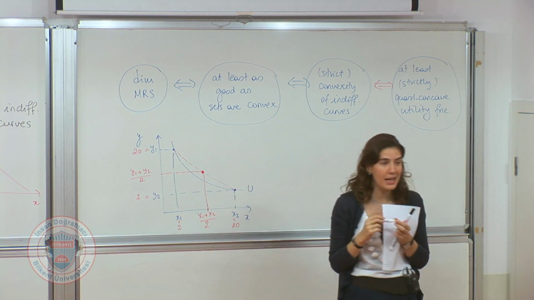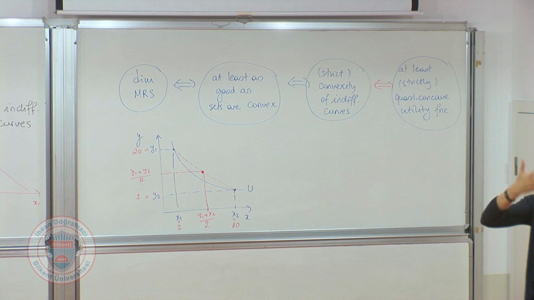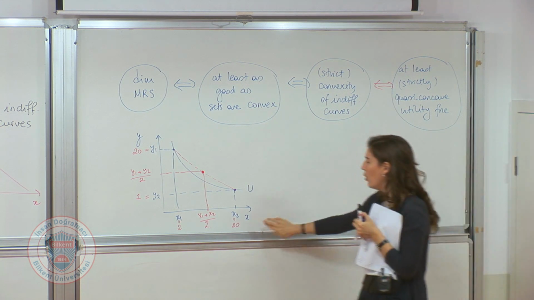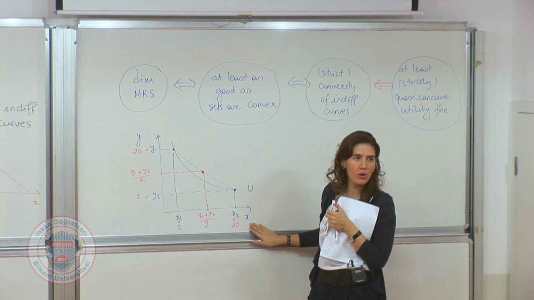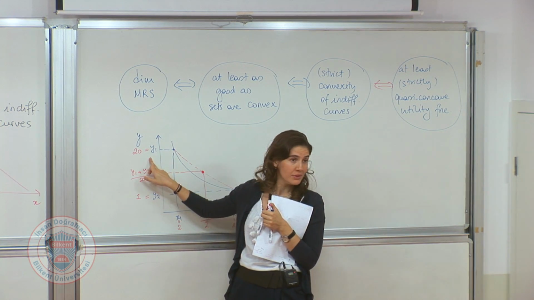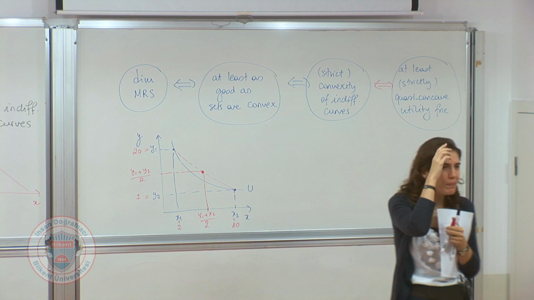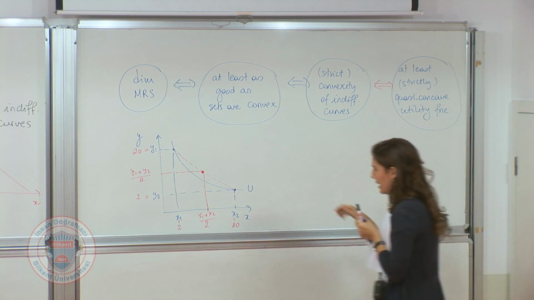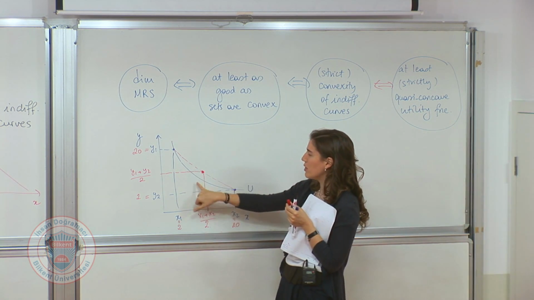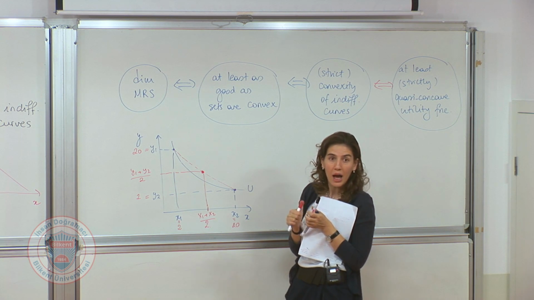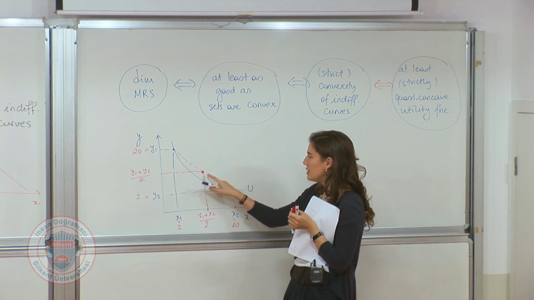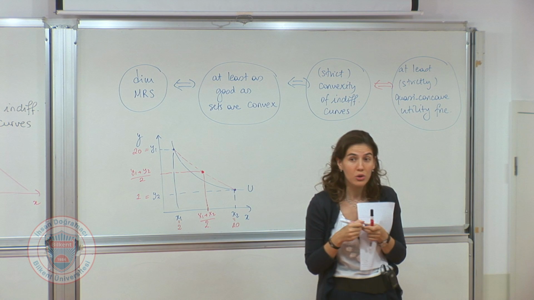So you see that if I have a more balanced bundle, which has more Coke and more pizza, is it on a higher indifference curve or a lower indifference curve? Higher, right? So this is going to give you more utility.